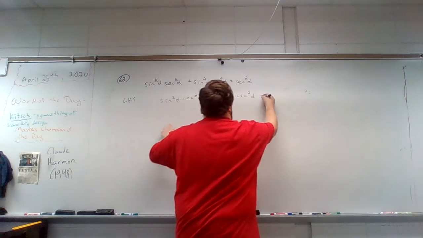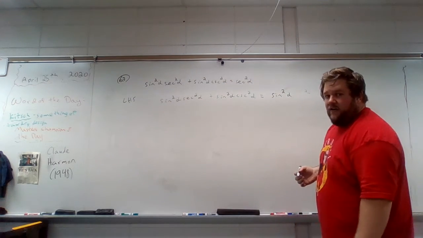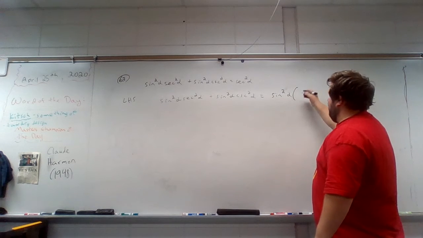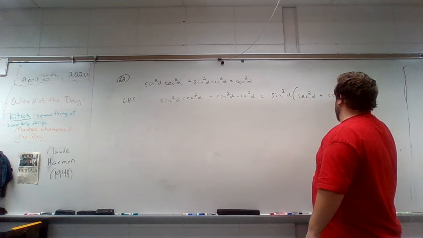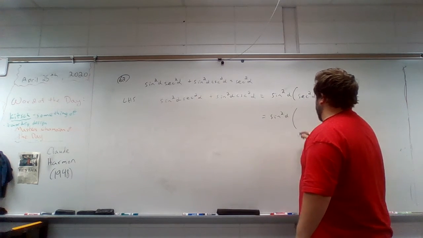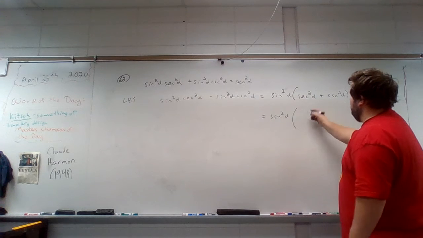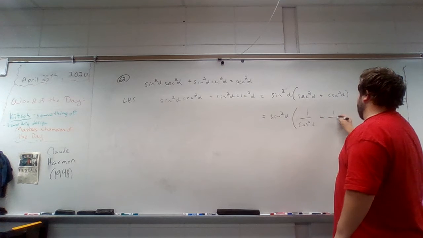Maybe I start by factoring out a sine squared. Maybe I see, okay, there's a sine squared in there. It looks like it's a good idea to factor it, even though it really might not be here. And then I rewrite these. Secant squared is 1 over cosine squared, and this guy's 1 over sine squared.